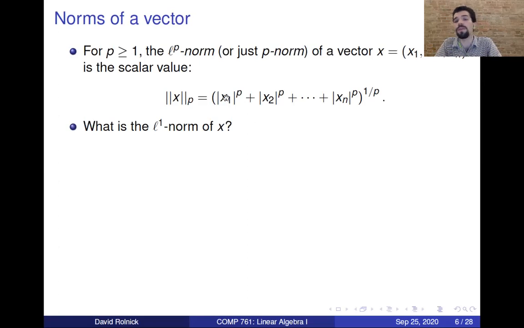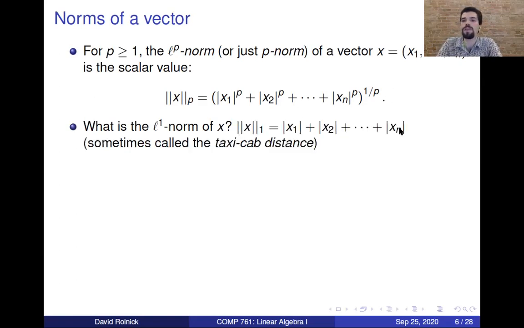Sorry, I said the pth powers of the absolute values of the entries. What is the L1 norm of x? Yep. This is sometimes called the taxicab distance or the Manhattan distance. It is the sum of the absolute values of the entries of the vector.